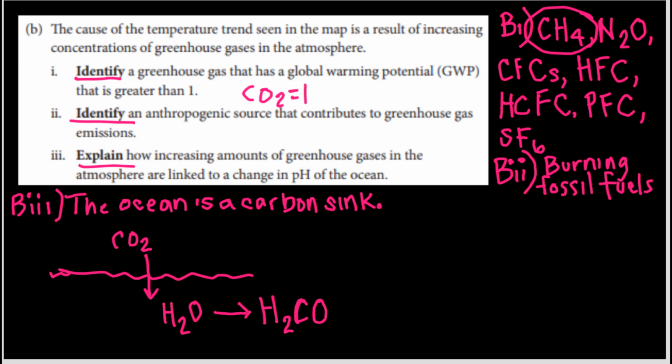It's okay to have some of it because we don't want our pH in the ocean to be too basic. But if you get too much, then the pH gets too acidic, and that's a problem because a lot of the things that live in the ocean are adapted to really narrow pH ranges, so they can't handle it getting too acidic. So I'm going to write that this is called carbonic acid.